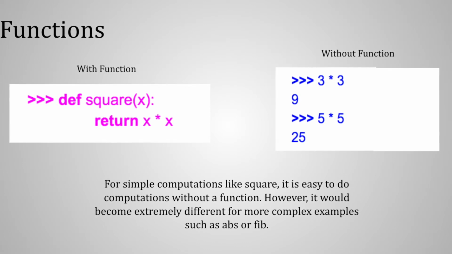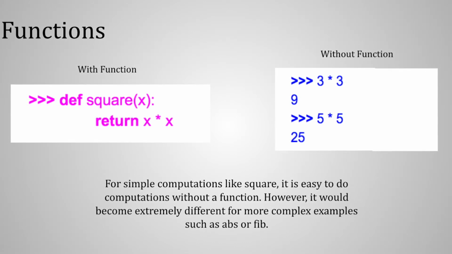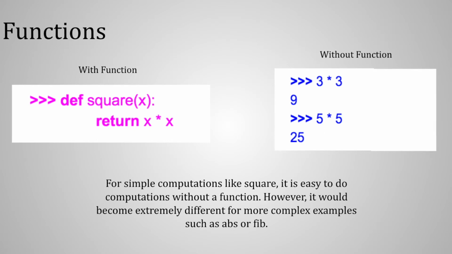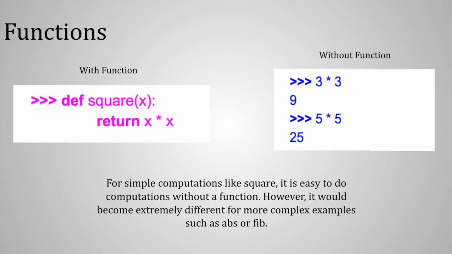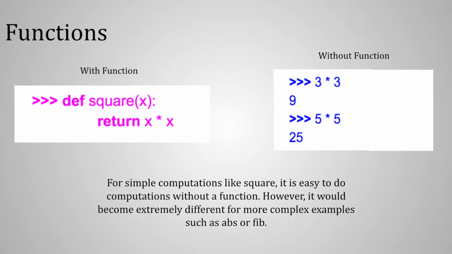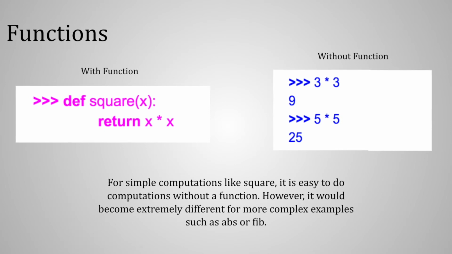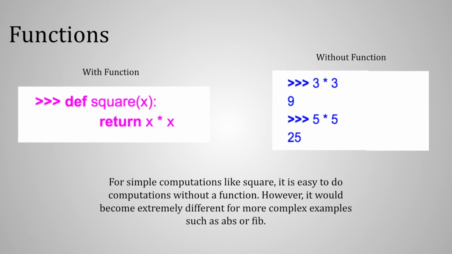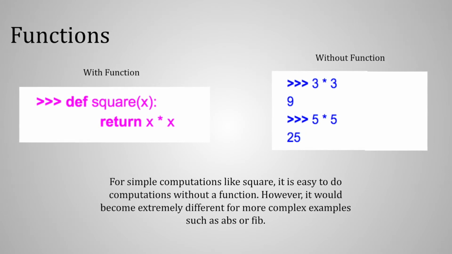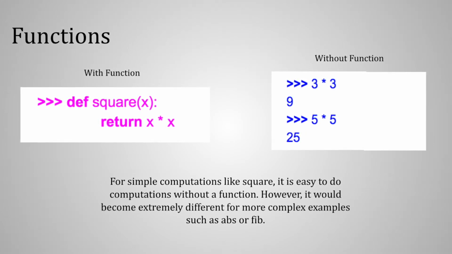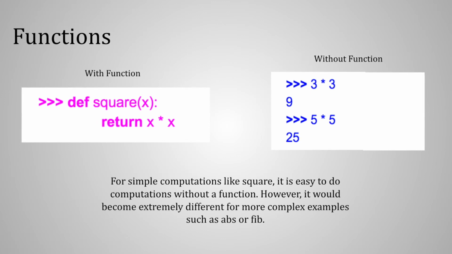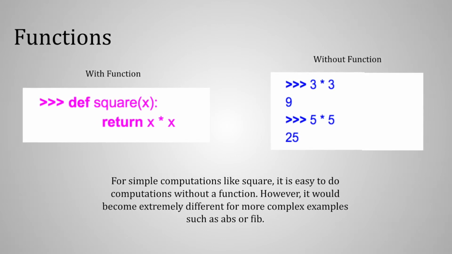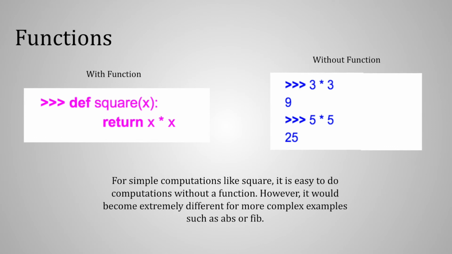There's also another example: 5 times 5 gives you 25. This practice would be enough for simple computations such as square, right? We could always just do 3 times 3, and it's not that difficult, right? But this would be extremely difficult for more complicated examples such as absolute value or finding Fibonacci sequence numbers.